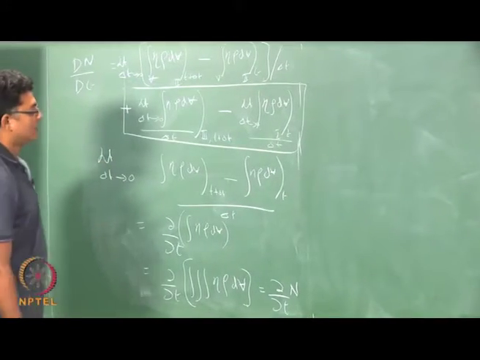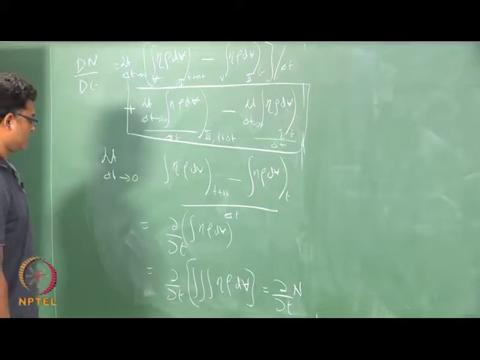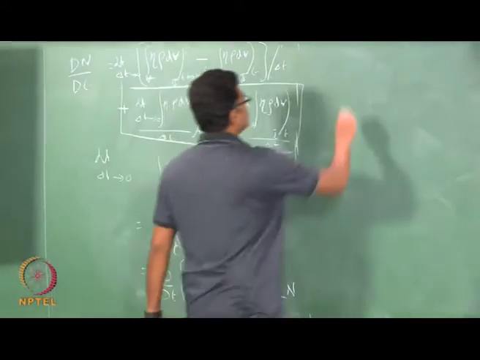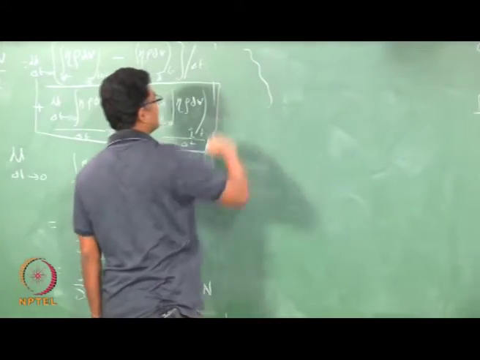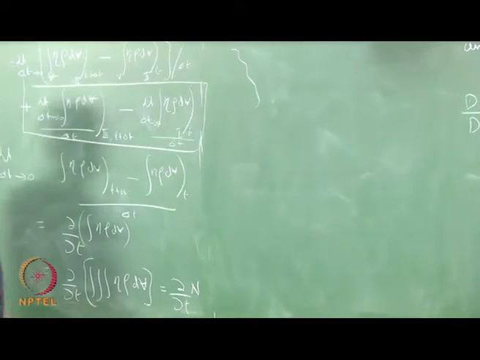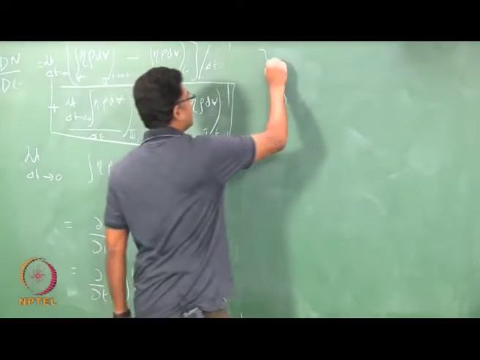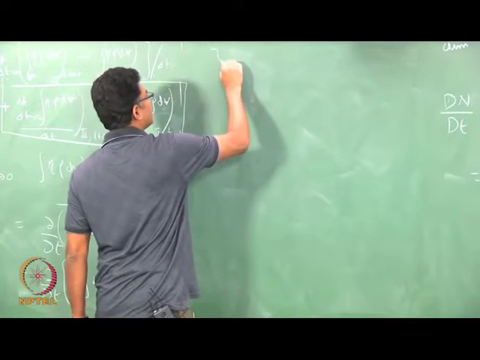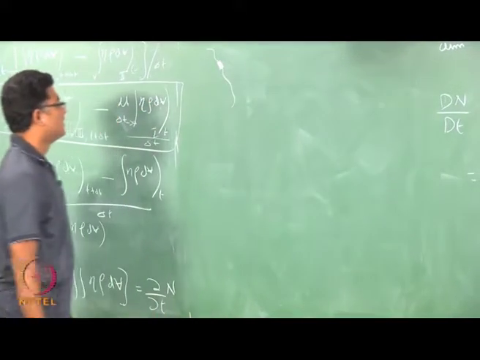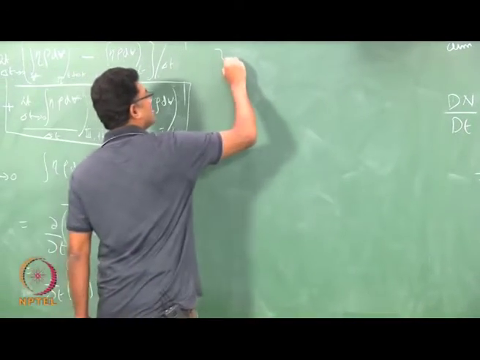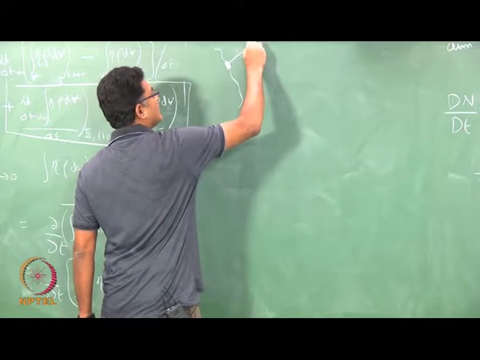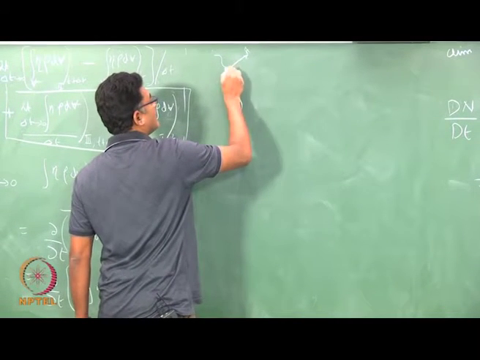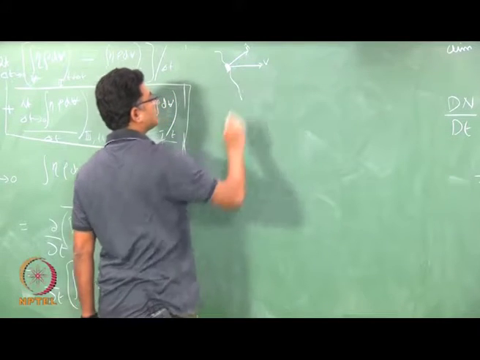Okay. So, let us take the arbitrary surface we have already taken, and take a small area. The normal to the area is in this direction and the velocity vector is in some other direction.